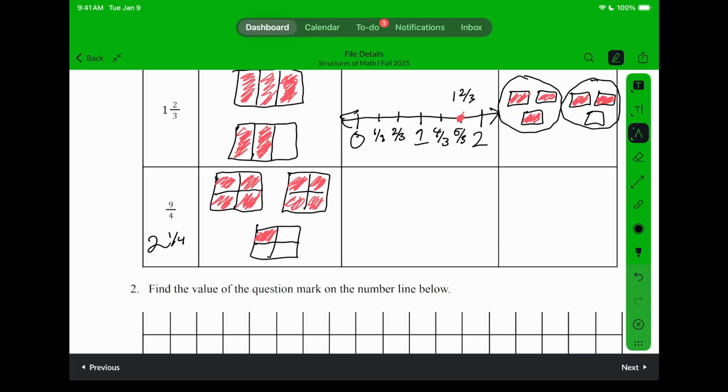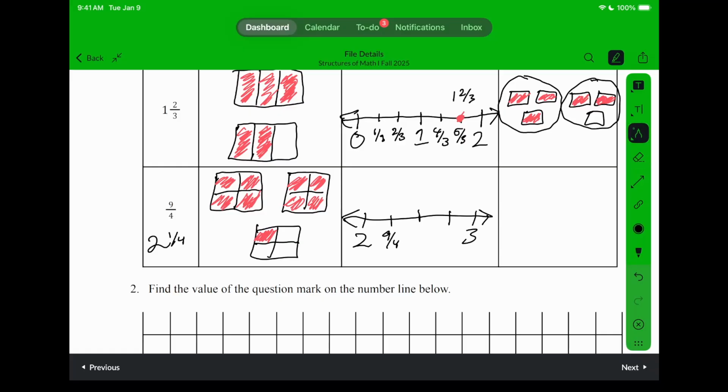Now, since this number is greater than 2, I'm not starting at 0. So I'm going to show you that you can start at 2 and then end at 3, and then split it into our fourths. So then this is our 2 and 1/4. So 2 is 8/4.